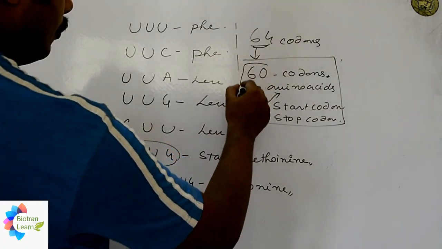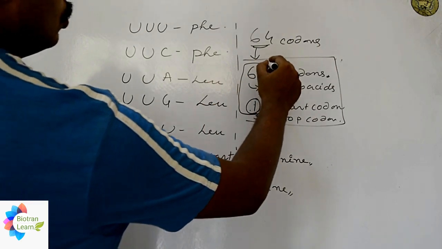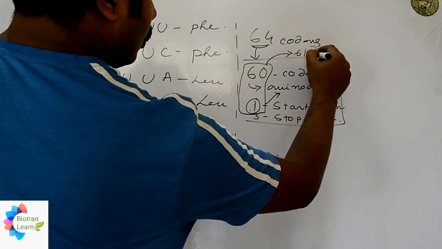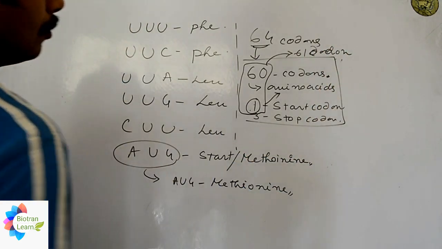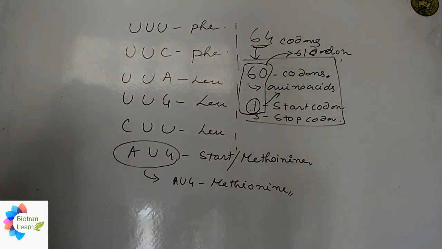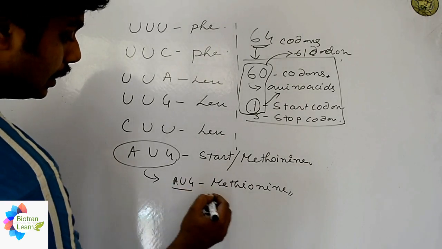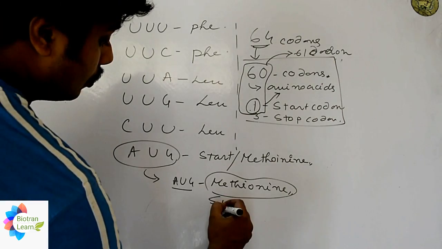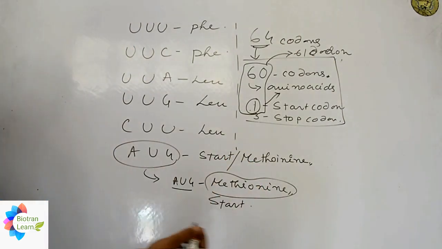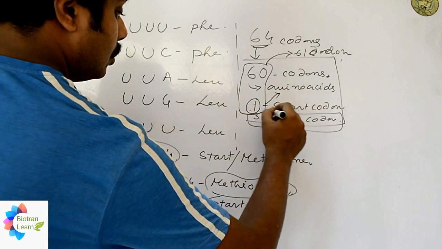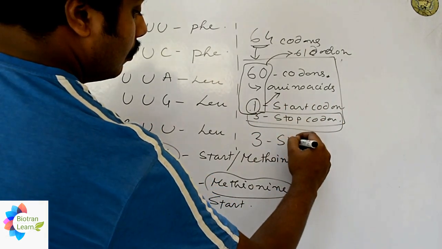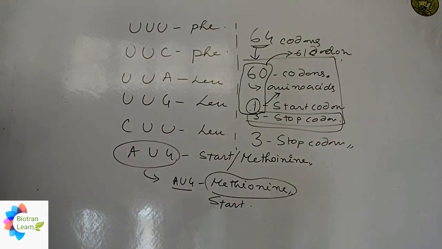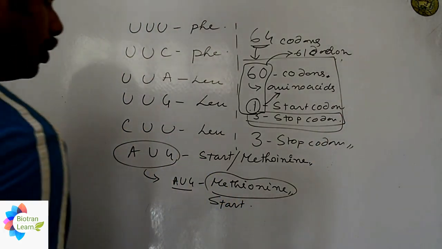Hence a total of 61 codons will code for amino acids, and only a single codon will work as a start codon, and these 3 codons will work as stop codons. I will come to that part later. So let's go to our next characteristic.